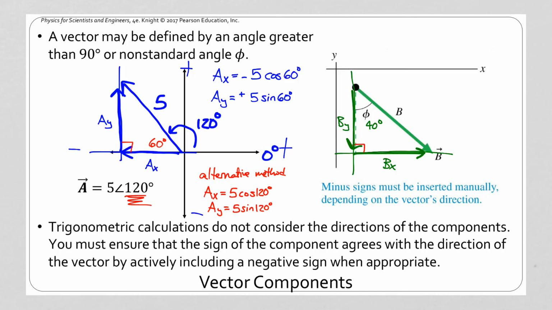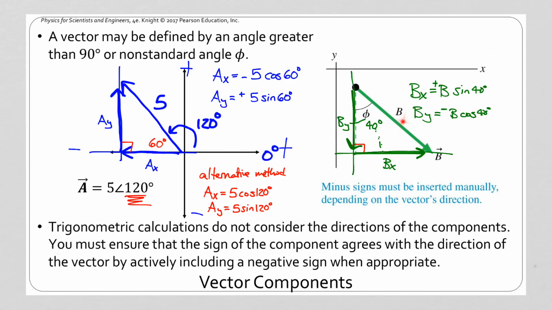In this case, we would have bx, the x component, is across from that angle, and so we would use the sine of 40 degrees, and then by would be the cosine of 40 degrees because it is adjacent, and it's downwards, so that's negative. This quantity would be positive.